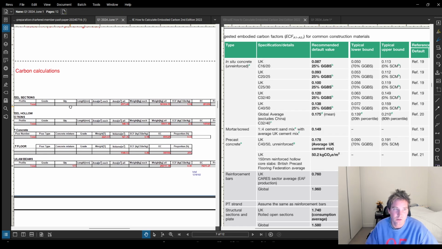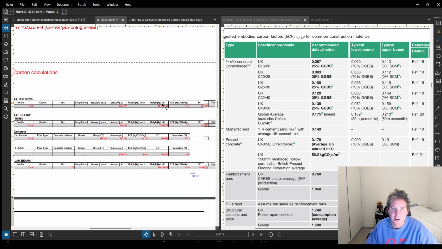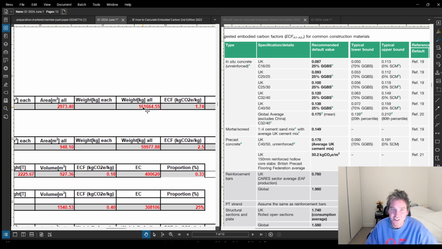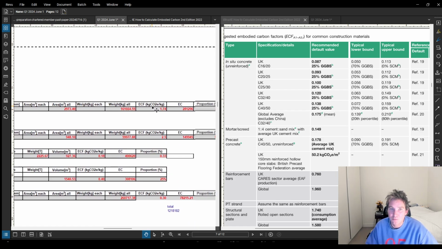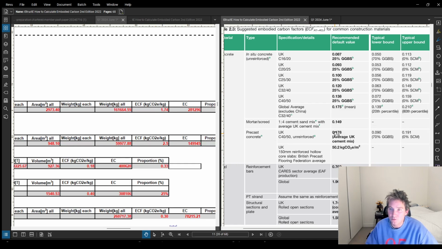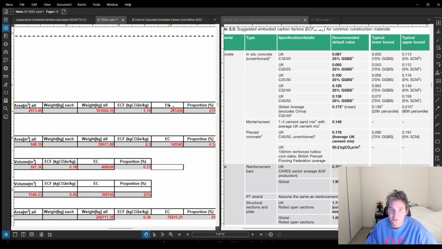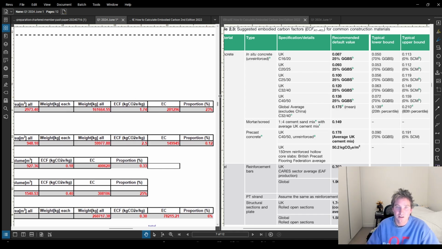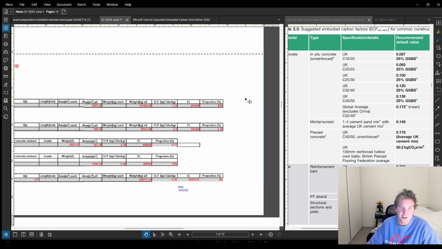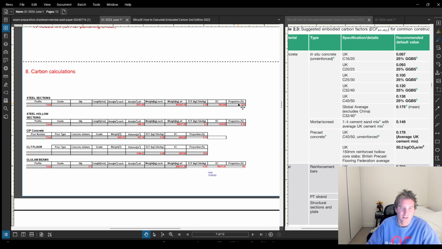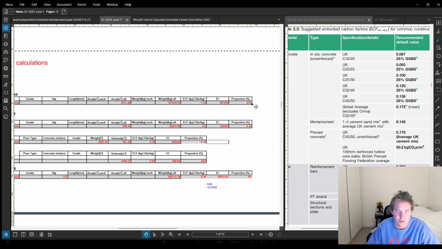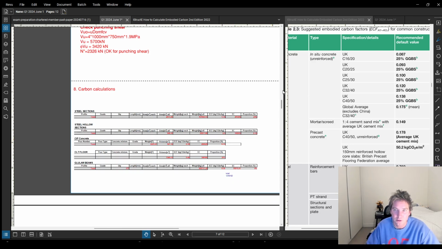So for instance, for steel, I worked out I had this many kgs of steel, which is like 161 tonnes. Then I multiplied it by the embodied carbon factor, which I got from this table here. That gave me my total embodied carbon, which is kilograms of carbon dioxide equivalent. You don't really have to do it, but I thought it was quite nice to show it as a proportion of your total embodied carbon.